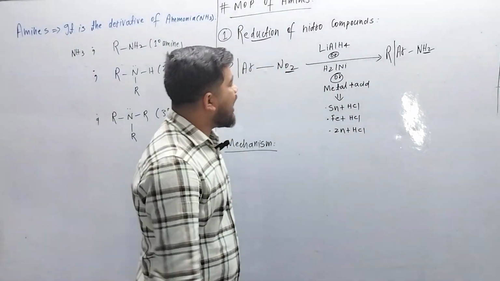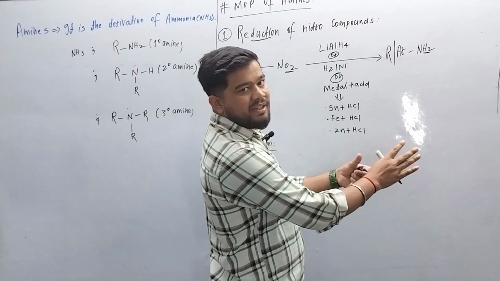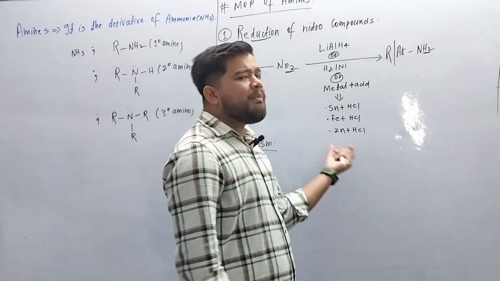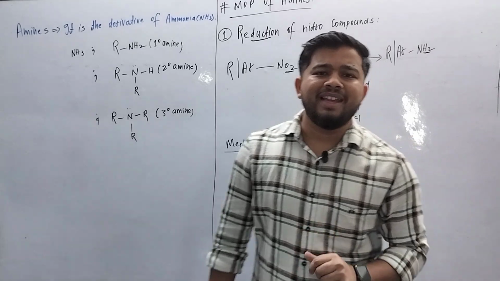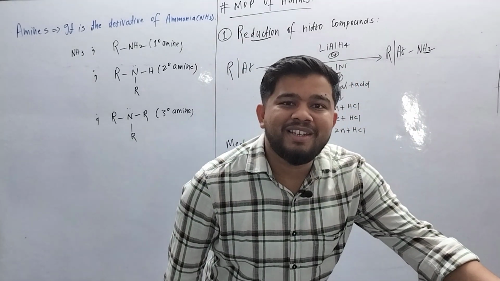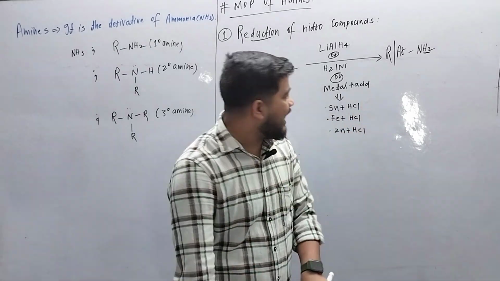Basically, we are here to see the mechanism with metal plus acid, and we know that all metals are electropositive in nature. That means metal will release electron and it will form cation.